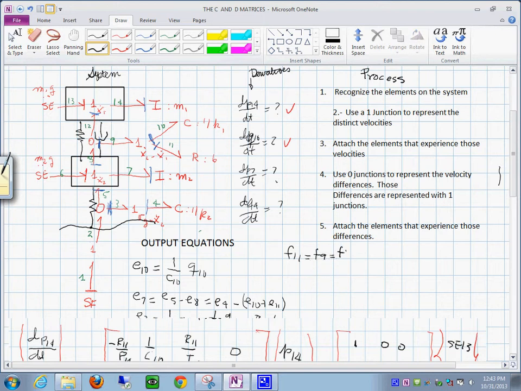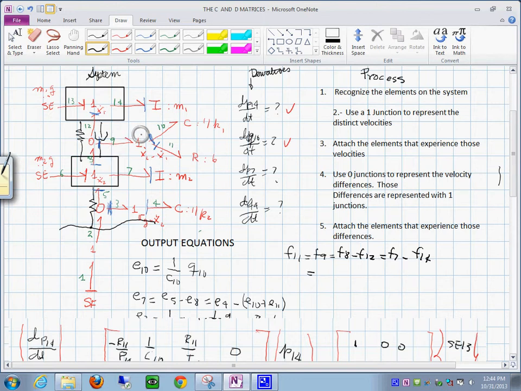This is F sub 8 minus F sub 12. And then F sub 8 is F sub 7, and then F sub 12 is F14. There we go. I'm sorry, we had a little mess up in there.